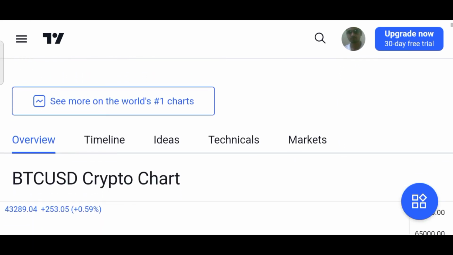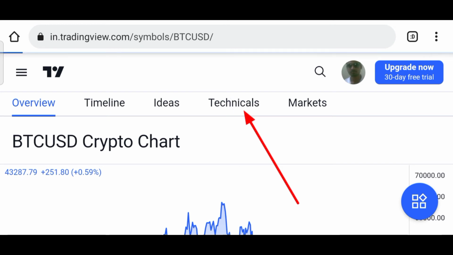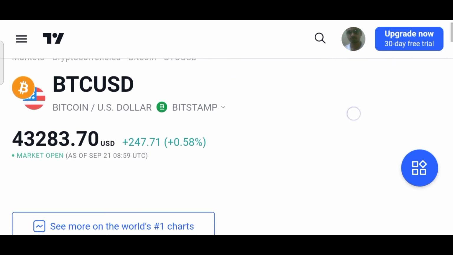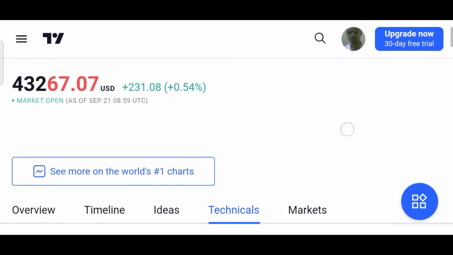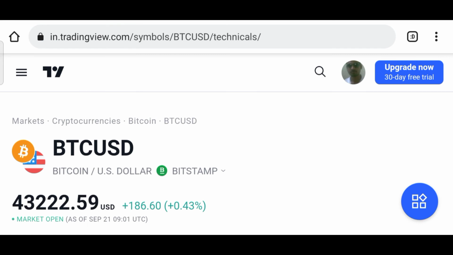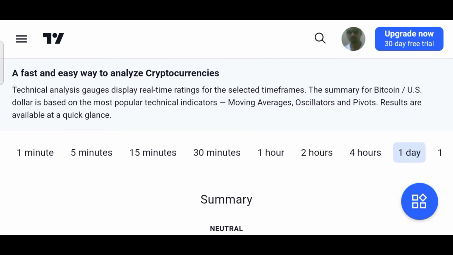Now scroll down, select technicals, now select 4 hours time frame.